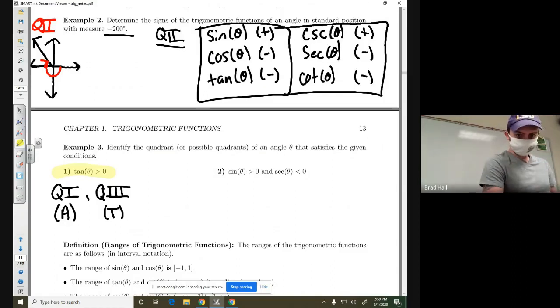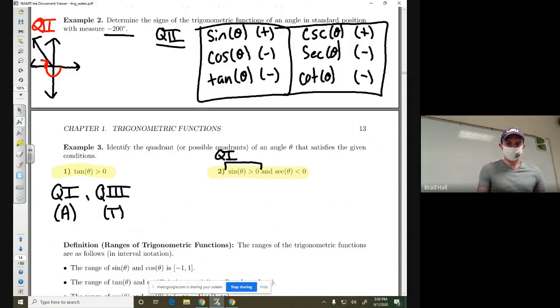Question 2, part 2. When is sine positive and when is secant negative? Okay, so let's start off with sine being positive. In which quadrants is sine positive? So everything's positive in quadrant 1, so we'll look at just sine alone for now. Quadrant 1, everything's positive.